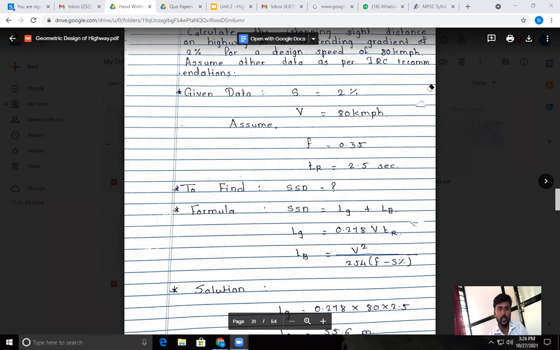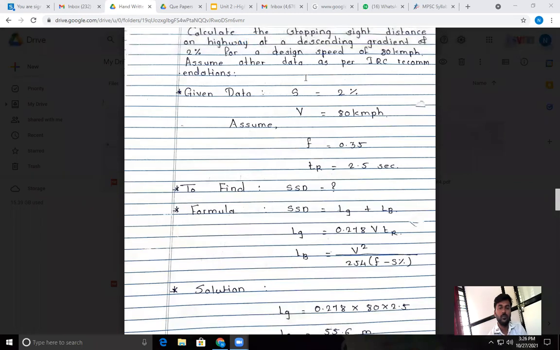Someone has texted the answer. Let us see. Two persons have given the answer. We'll wait for 2 minutes. Let others solve this problem.